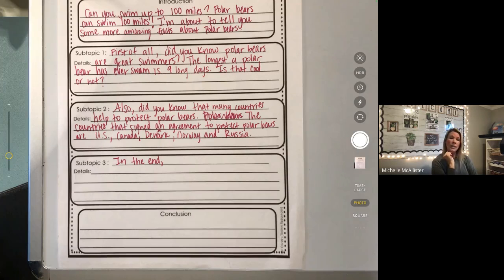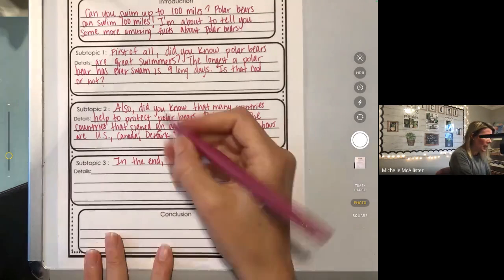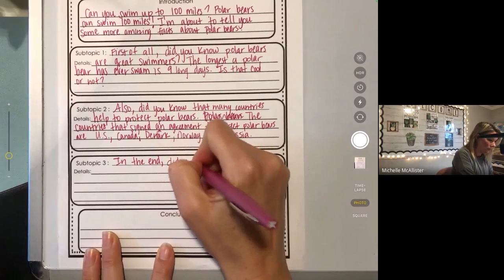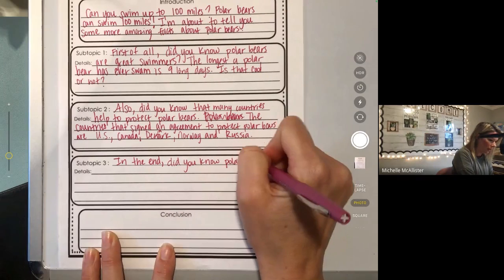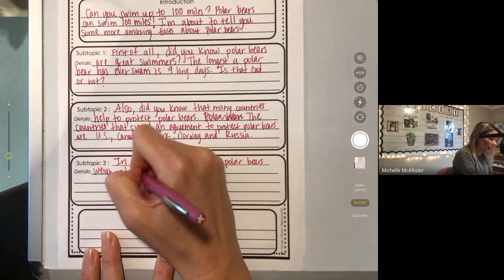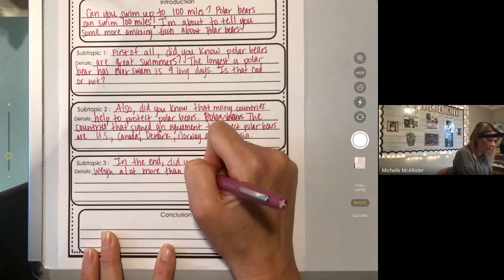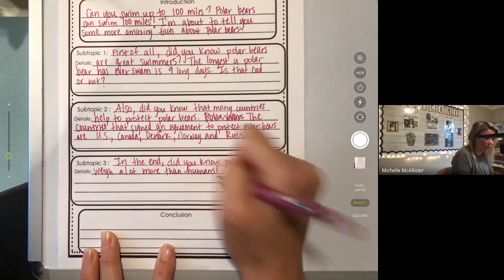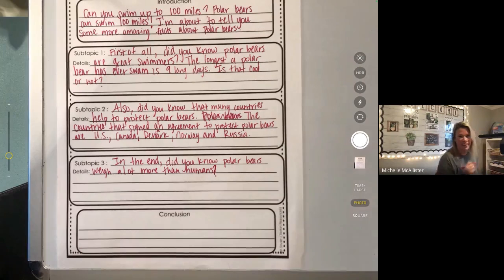Okay, so compared to humans, did you know that polar bears weigh a lot more than humans? Something like that. Okay, I like that. Did you know polar bears weigh a lot more than humans? I'm going to do an exclamation mark. No, I can't because it's a question, but I wanted to.